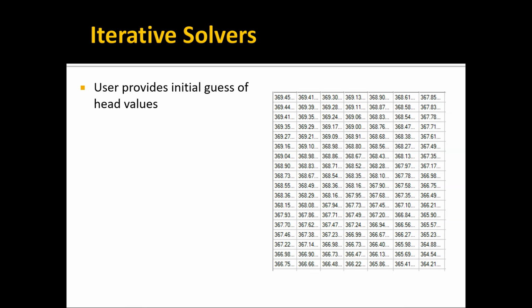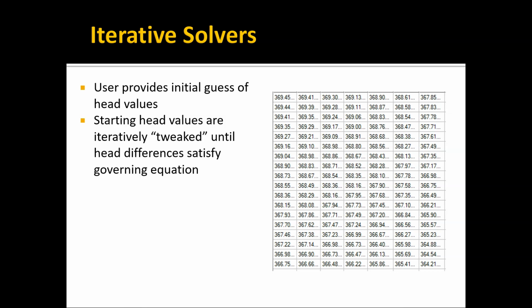We call these the starting heads. And then what happens is these starting heads are iteratively tweaked until the head differences, as you compare the head in one cell versus the head in its neighboring cells, and the implicit derivatives associated with that satisfy the governing equation, then you found a solution to the model.